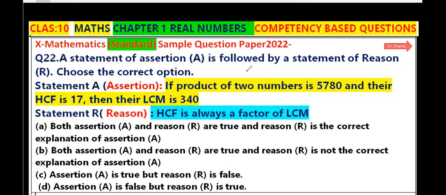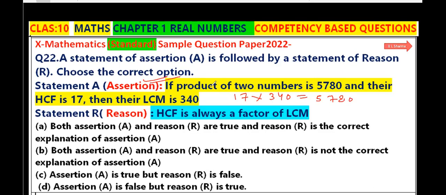We know the product of SCF and LCM, when you multiply 17 into 340, that is 5780. It means our assertion is correct. Why correct?